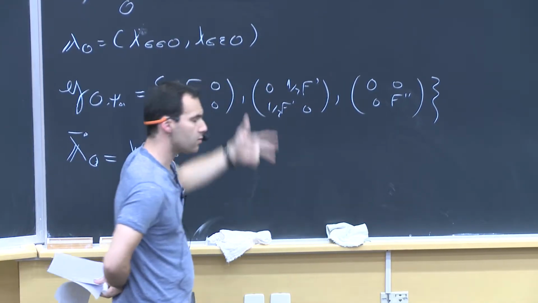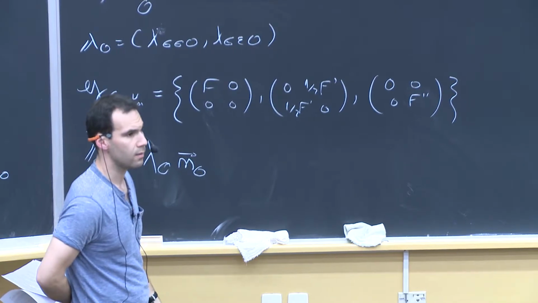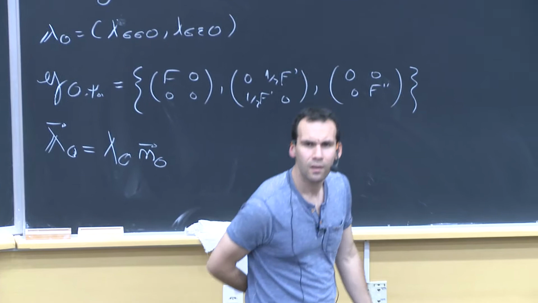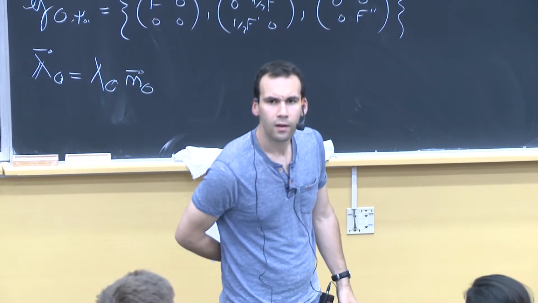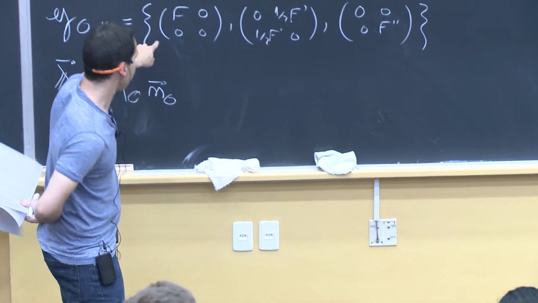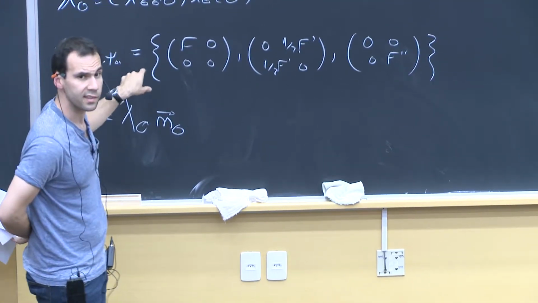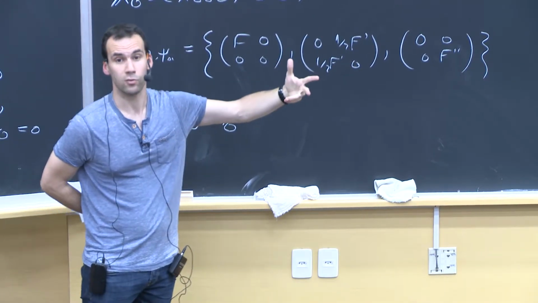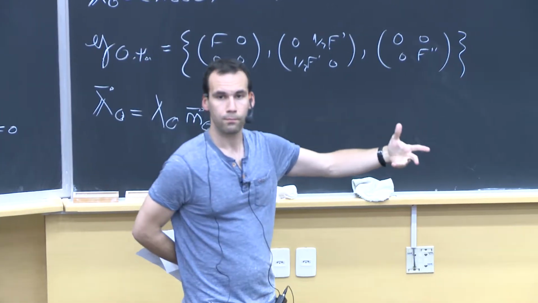So the functional acts on the three equations at the same time. The first entry will be f00, the second entry will be 0, f prime, 0. This is a vector of matrices, and lambda is a vector acting on this vector, so it will give you a matrix.